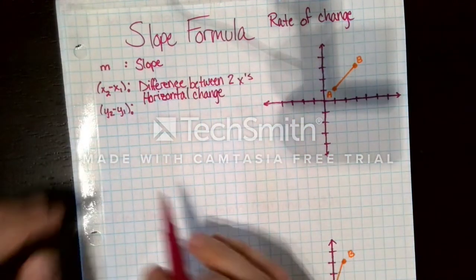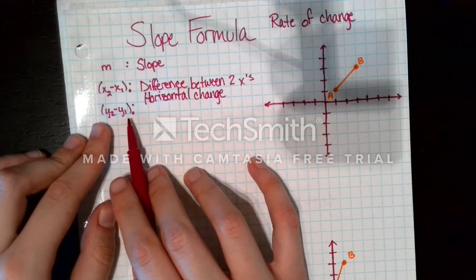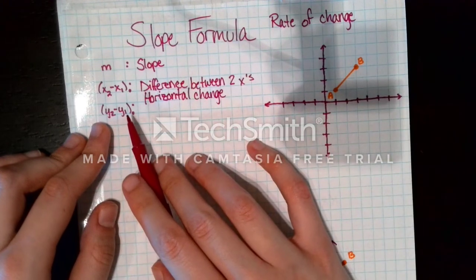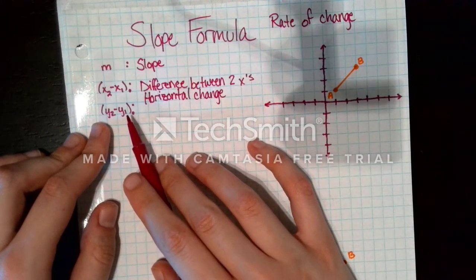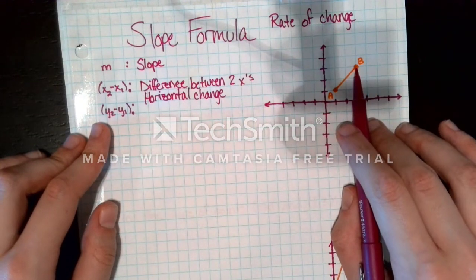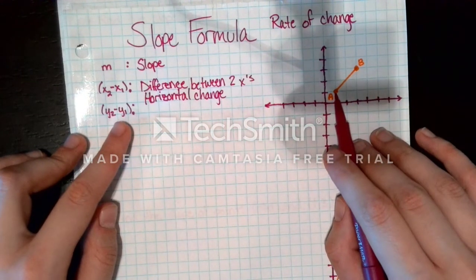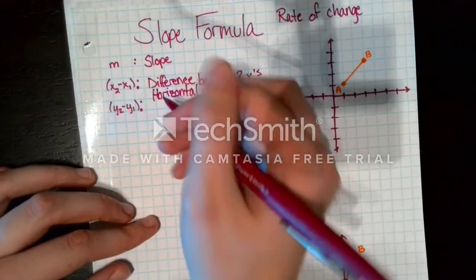And the next part represents the difference between the two y values in given points. And here this can represent the y value of B minus the y value of A. So again, write this down.